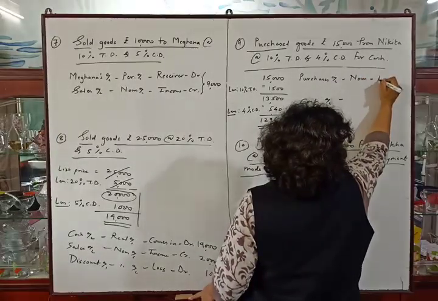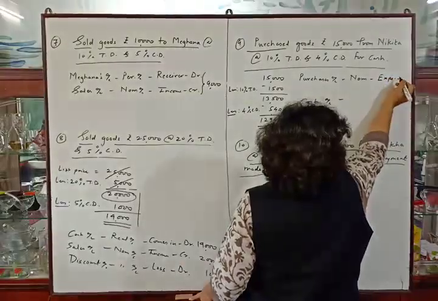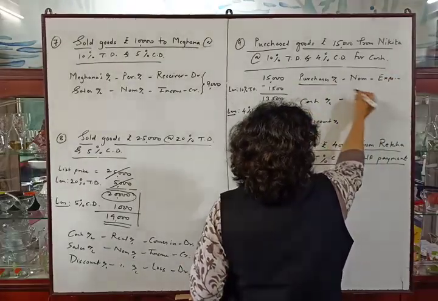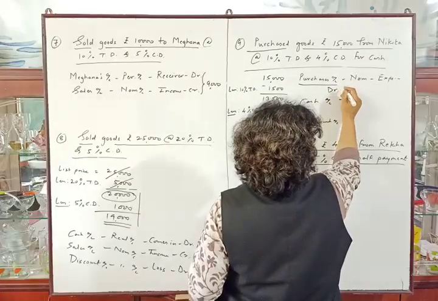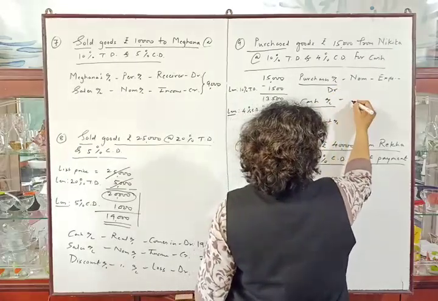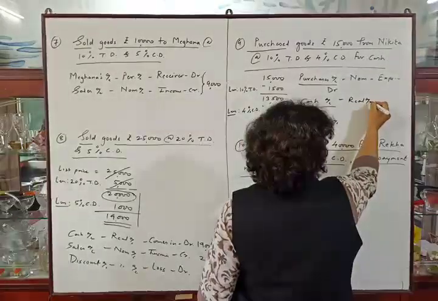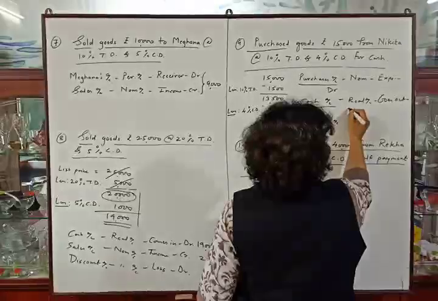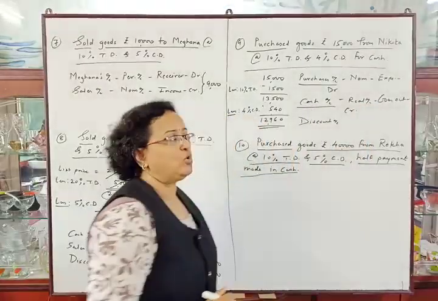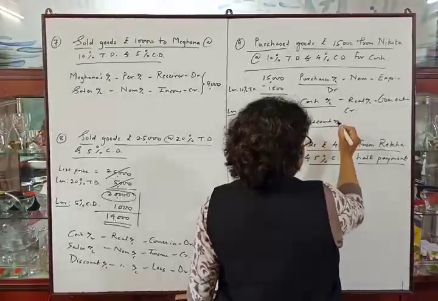It is our expense and rule says that debit all expenses and losses. Now cash account, it is real account, cash goes out, so it will be credited because credit what goes out. Now the discount account.